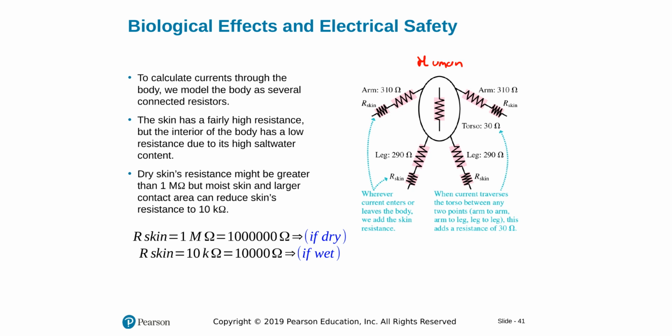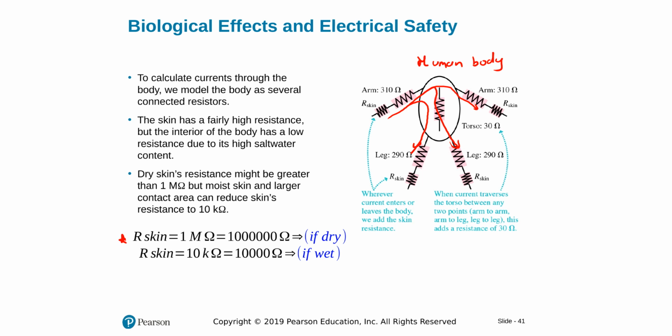When current comes in, it will pick the easiest way it can, depending on the situation. It can go this way, or that way, or right across if it has the means. So we will overall have a series circuit if a human body is connected to a system.